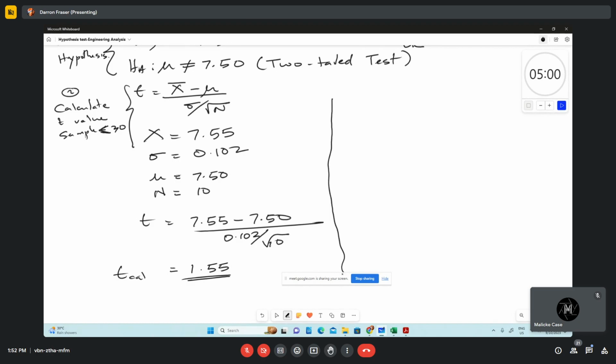So my tabulated value. Again, we're going to use 95%, so that if we perform this 100 times, 95 out of 100 times the result is supposed to be the same, at minimum 95%. And degrees of freedom is equal to 10 minus 1 equals 9.